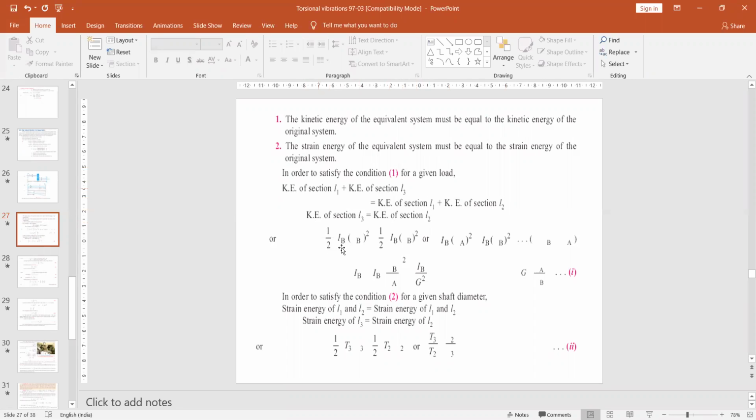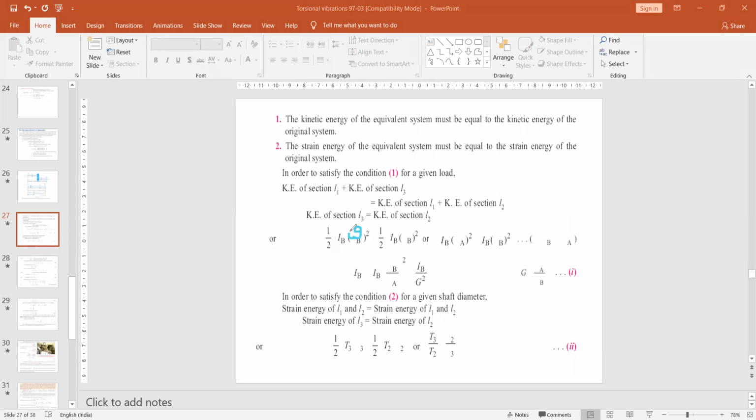In this, what is the formula for the kinetic energy of this system? It is half into I omega square, so half into IB omega B square. Here we are missing a particular notation, that is omega.